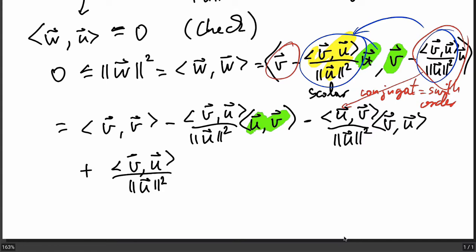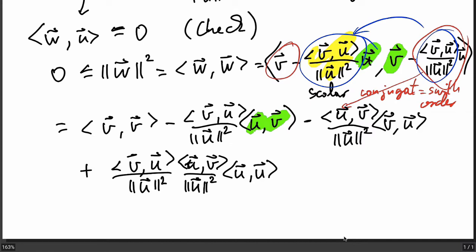And from the second component, it's the complex conjugate that comes out, which means that we have to switch the order of U and V in order to get the complex conjugate. And again, we have the norm of U squared. And then it's U inner product with U that we have.